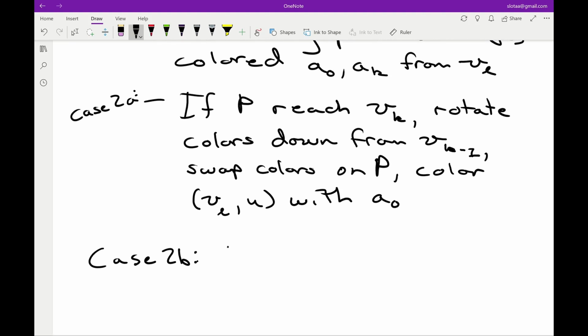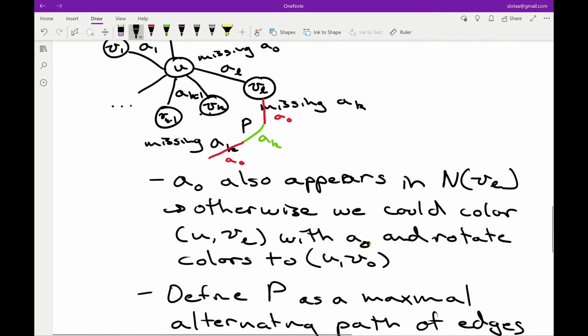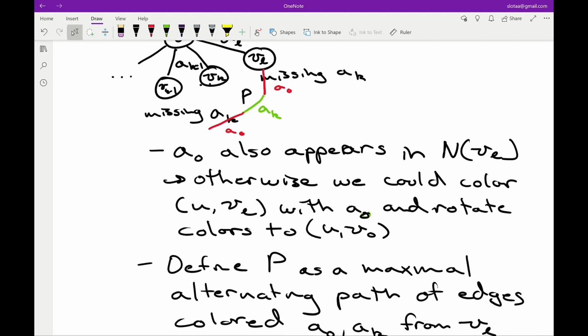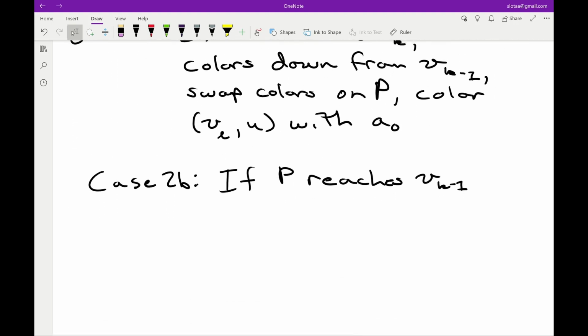So our case 2B, if P reaches V K minus 1, so instead of reaching it, our V K specifically now reaches V K minus 1, because we have the assumption that A naught is within the neighborhood of that vertex. So if P reaches V K minus 1, essentially all we can do is rotate colors down and then swap on our P.